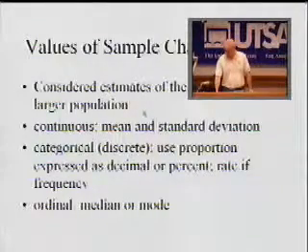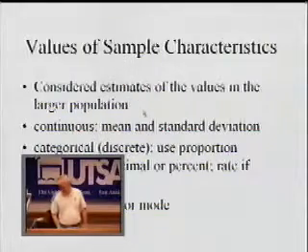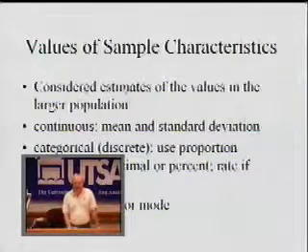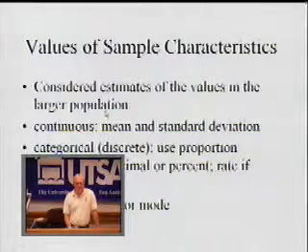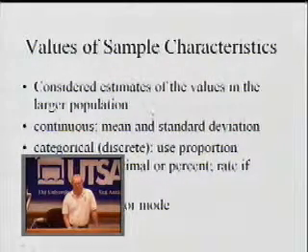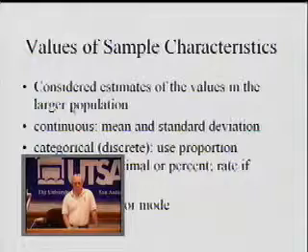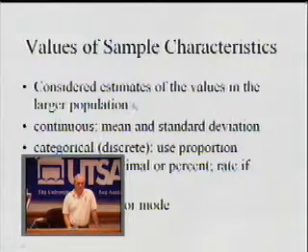The values of the sample characteristics are considered estimates of the values in the larger population. We always have to have that in mind. You can't work within a vacuum just assuming that the values you're getting from your sample observations are real unless you have a population to compare them to.